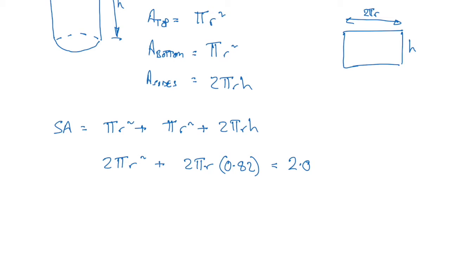We're going to try to rearrange this equation, tidy it up to get a quadratic. So we have 2 pi r squared plus 1.64 pi r minus 2 equals 0.